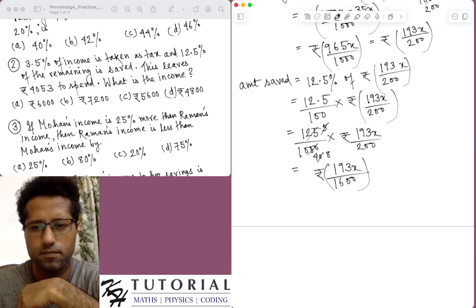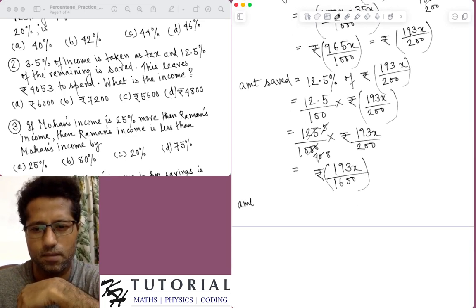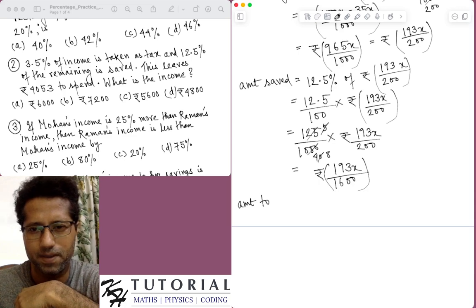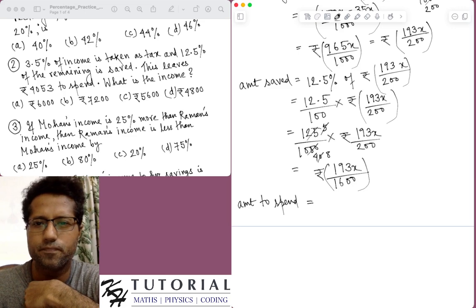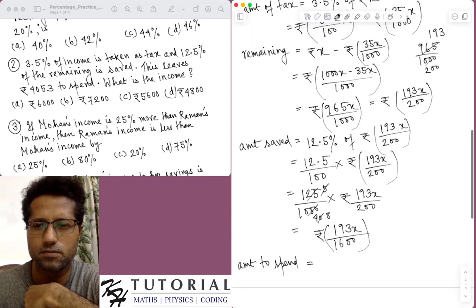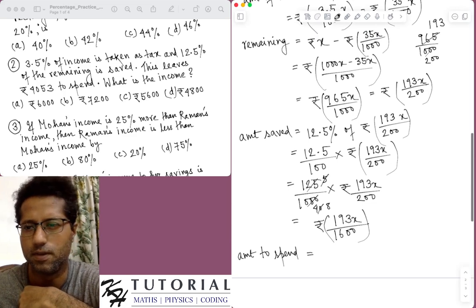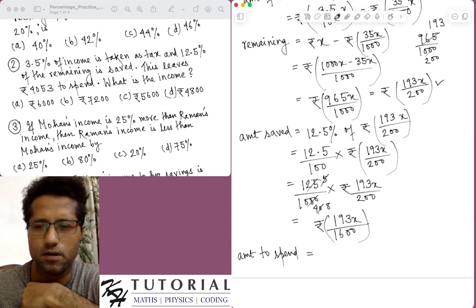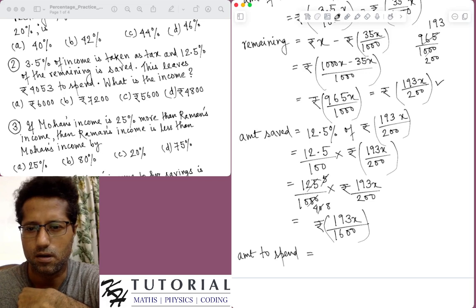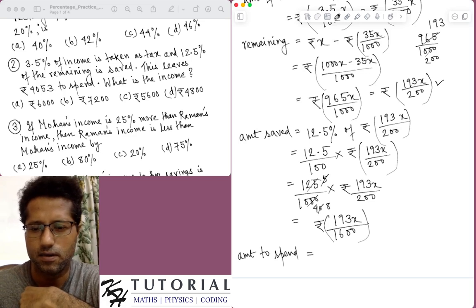So the amount to spend will be equal to the remaining, which was rupees 193 X by 200, minus the amount saved, rupees 193 X by 1600.